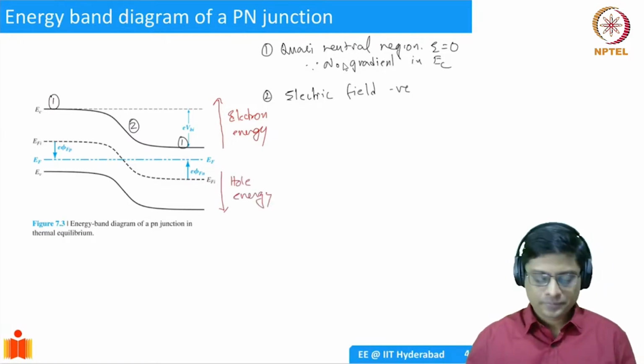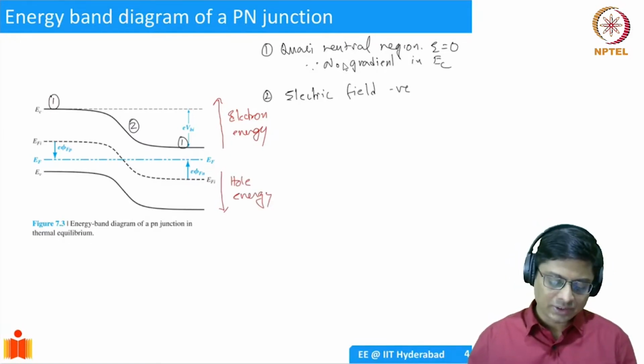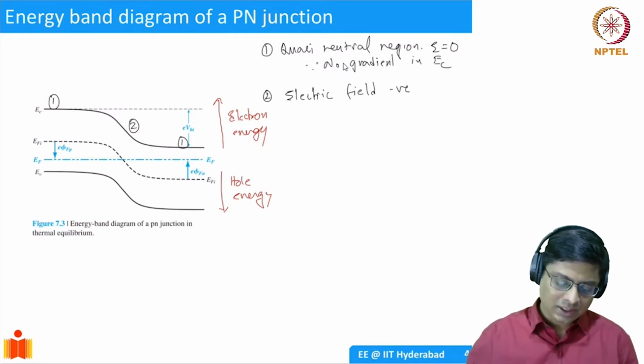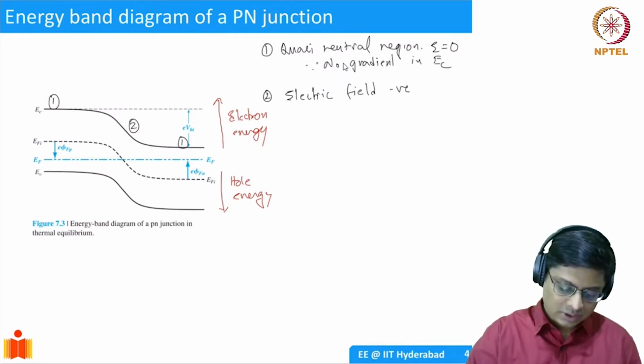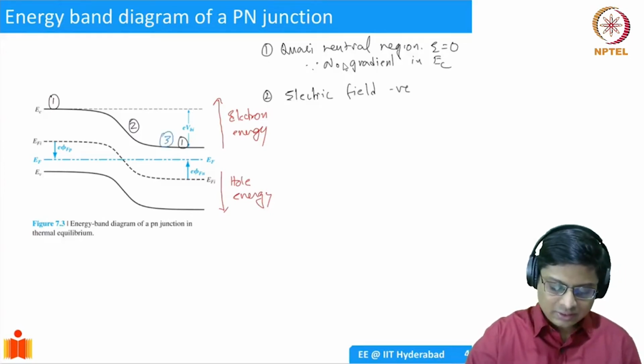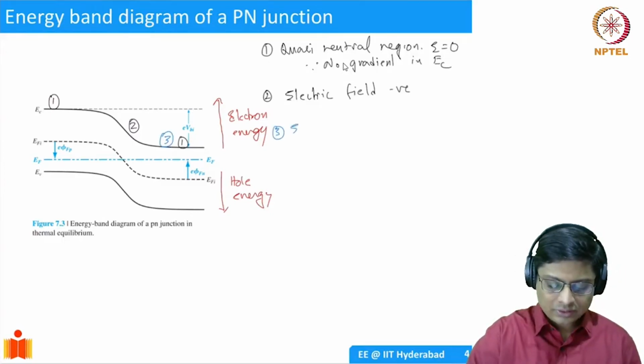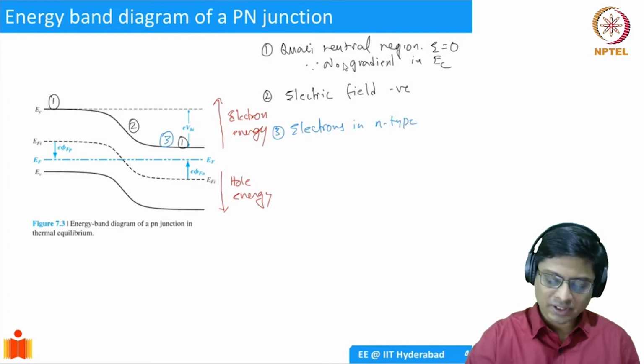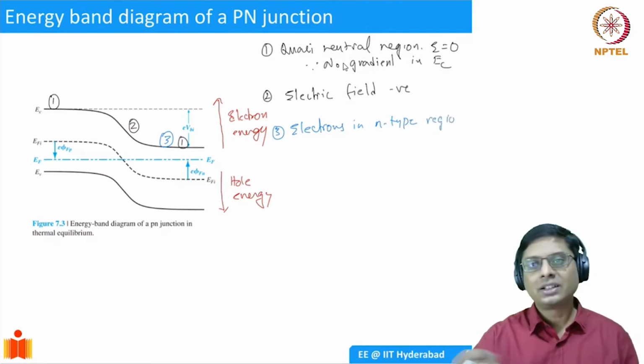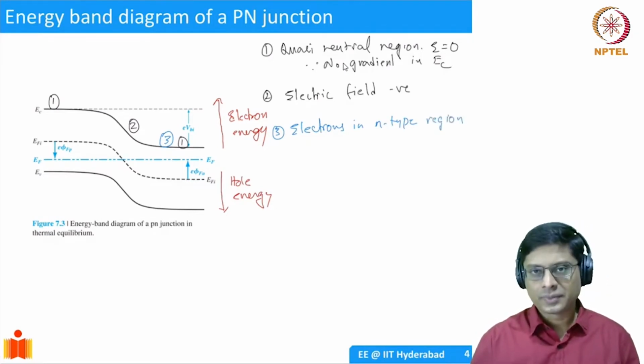Okay. So now what is this telling us? Suppose let's say I'll put this as 3. Okay. 3 is basically electrons in the n-type semiconductor, right? I'll say n-type region. So they are at the lower energy.